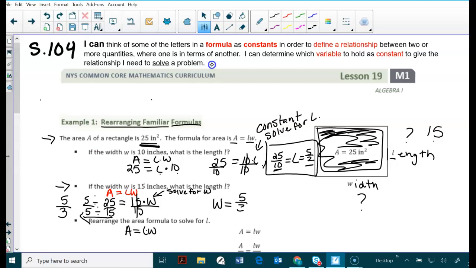To do that, we're going to divide by W on both sides of the equal sign. So here, W divided by W, and area divided by W. When we do that, W divided by W, or any number divided by itself, is 1. They 1'd out, which means they cancel. And our final formula we can write as A divided by W equals L.